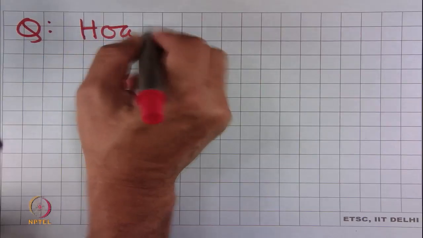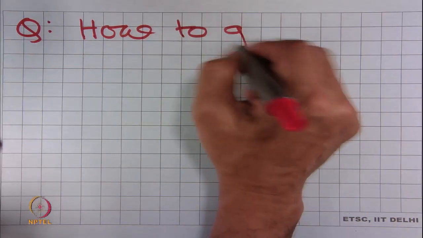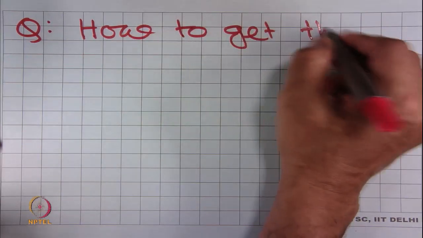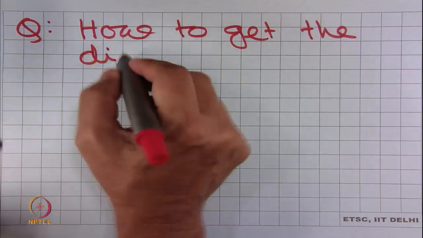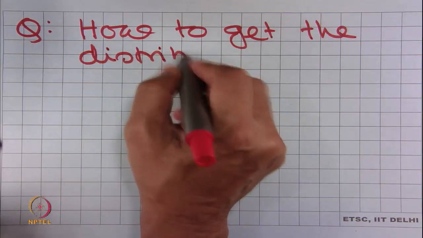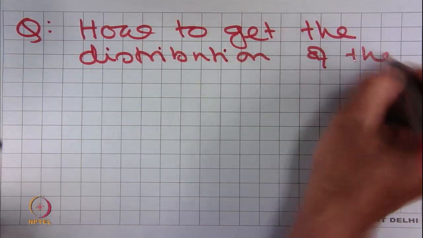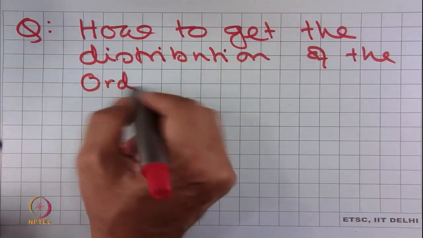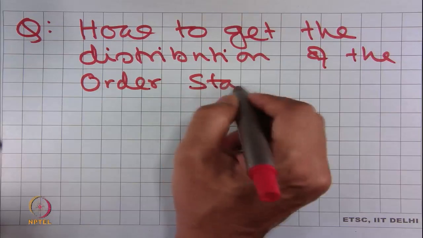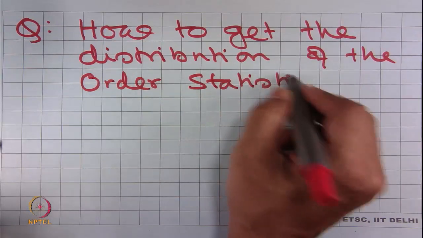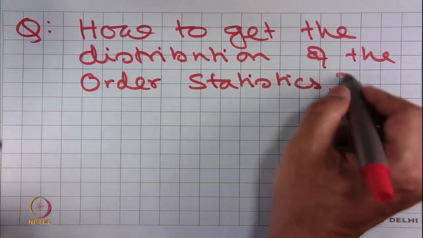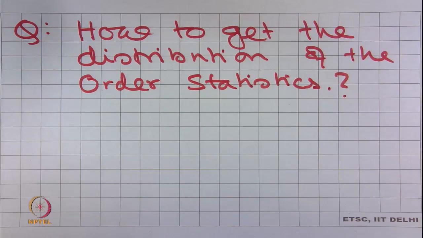Question: how to get the distribution of the order statistics? That is the question.